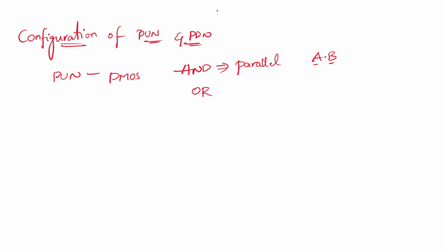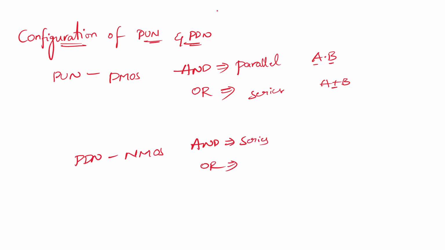If the operation in between is an OR operation, for that one the PMOS is going to be connected in series. PMOS and NMOS are both complementary. So the pull down network is complementary to the PMOS. For AND operation, the NMOS will be in series. For OR operation, the NMOS is going to be parallel.